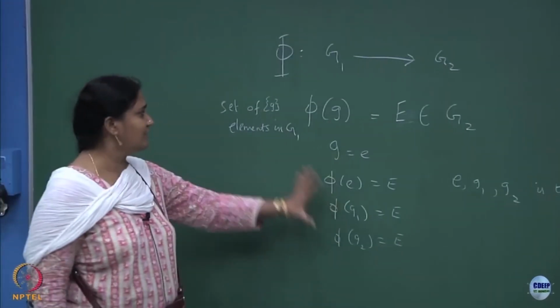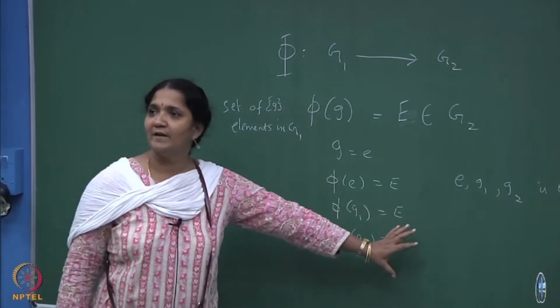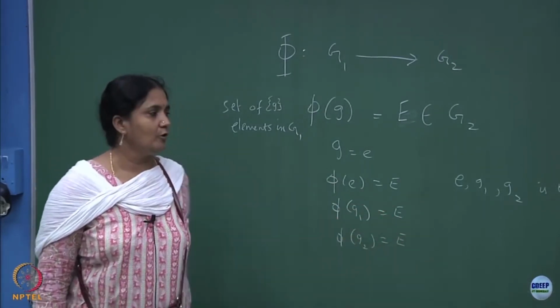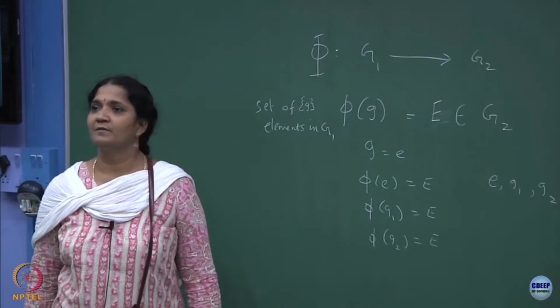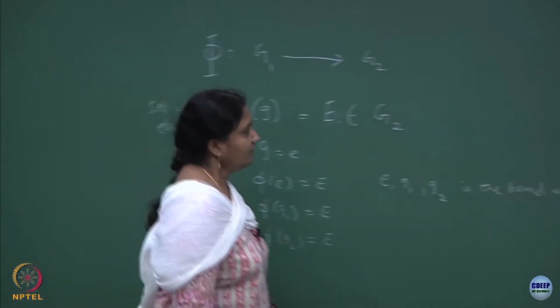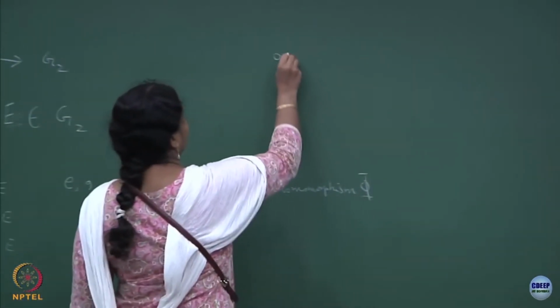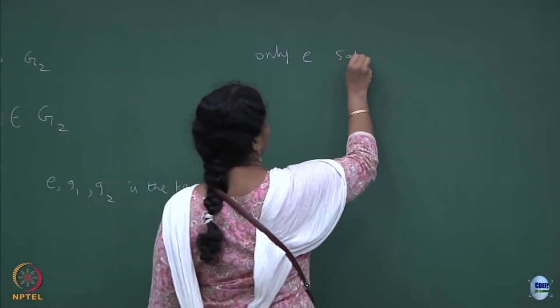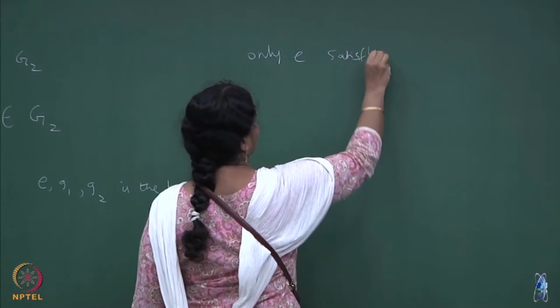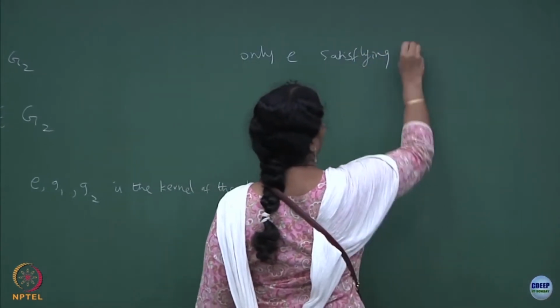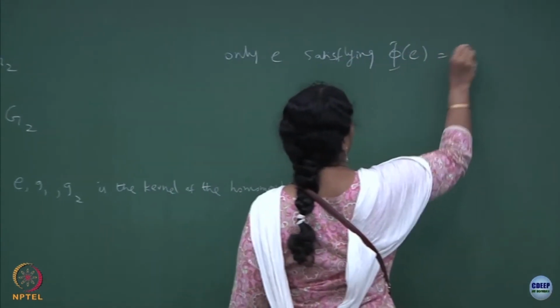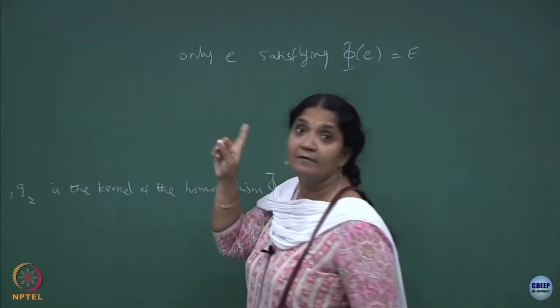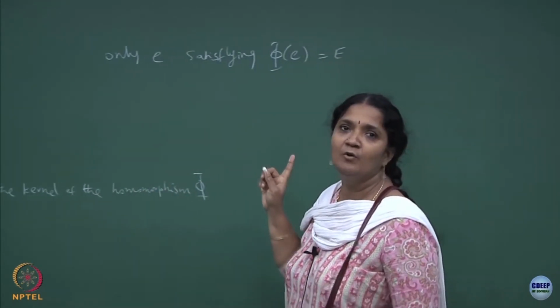If only this is the set which you find which is mapped to identity element, then you call it to be the kernel of the homomorphism. If we find only E satisfying phi of E equal to E and no other element, okay, no other element.